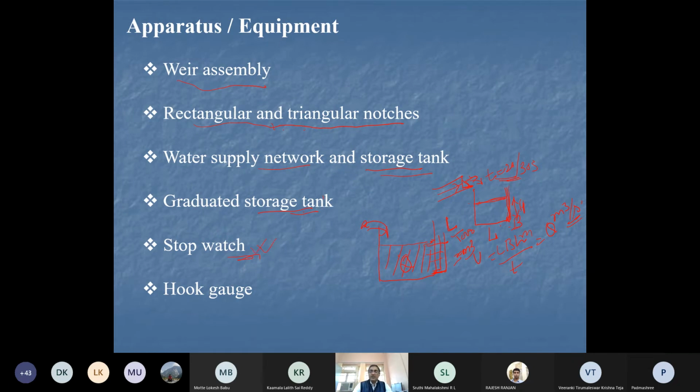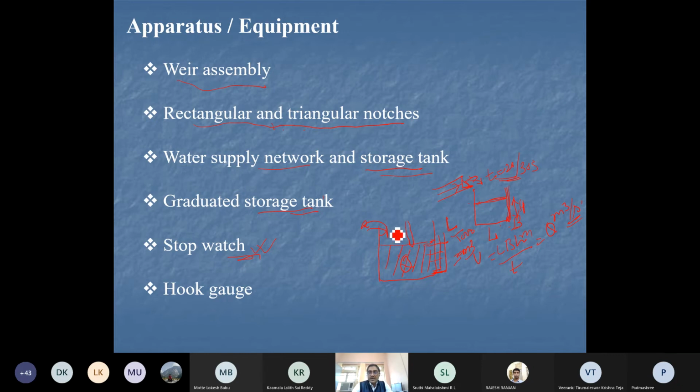I told you in theory class that to measure the level of water, it is not a good idea to use a gauge which has a pointer like this, because once it touches, it will go a little bit inside the water level. That is a characteristic of water.